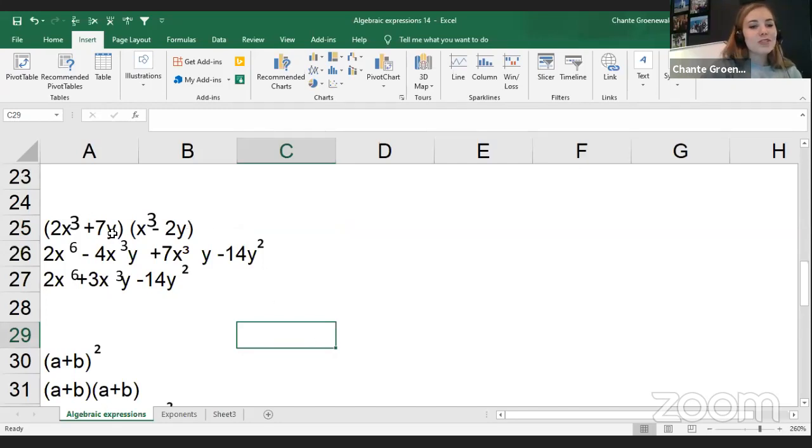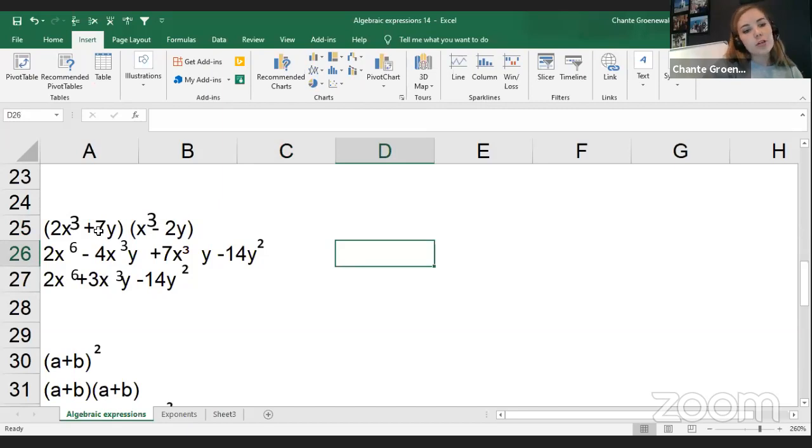So we're going to then go on to the 7y times the x to the power of 3. That's easy. This is a minus because of that minus 2. Now I'm going to do my last one, which is 7y times minus 2y, which is minus 14y to the power of 2.